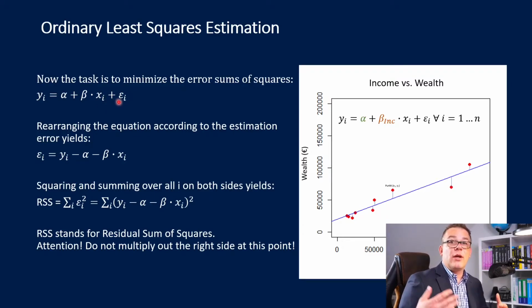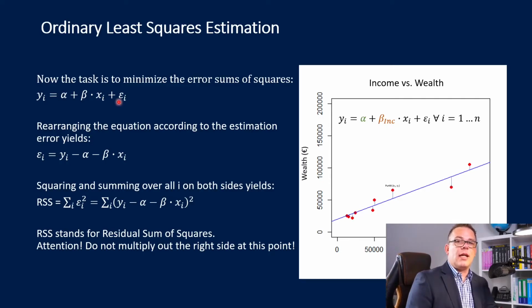Now, of course, we rearrange the equation and isolate the error term so that we have the error term given by epsilon minus alpha minus beta times x. So just bringing alpha and beta x to the other side. That's it. Of course, we have to do this for all data points that we have.